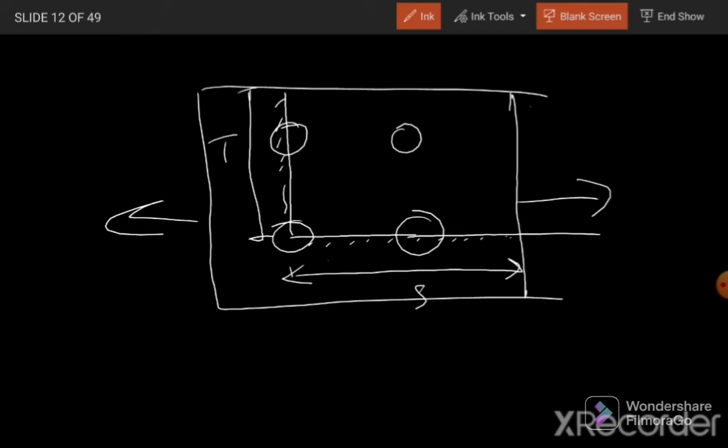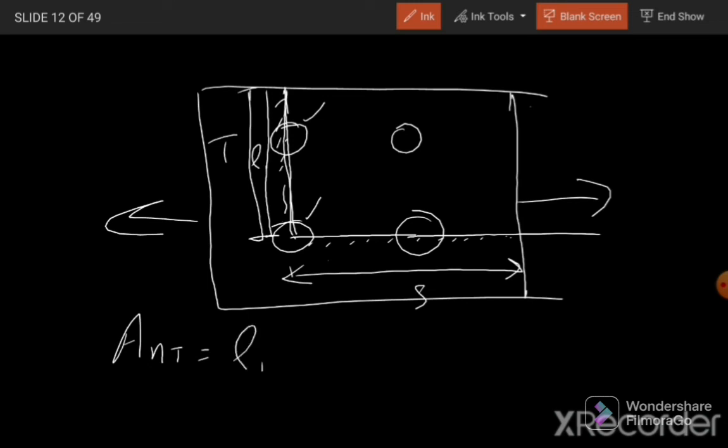So if we see from here up to here, we have two holes, or one hole and a half hole, in this failure path. While calculating the net area in tension, A_nt will be equal to this much length from here to here, for example I say it is L1.